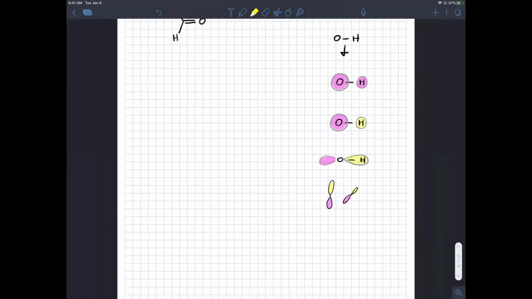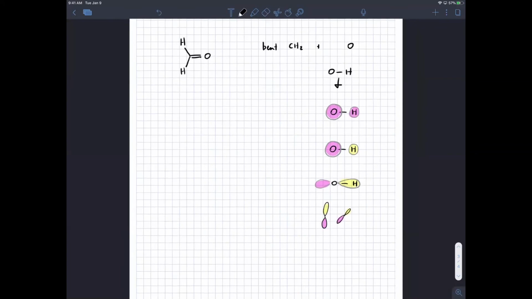No? Okay. I'm trying to think about the number of electrons we've got. I don't think we need to worry about that because we construct the orbitals first and then we worry about the electrons. So over here, yeah.